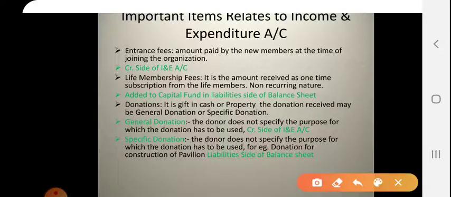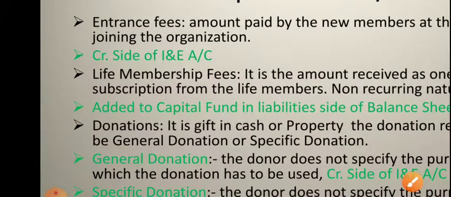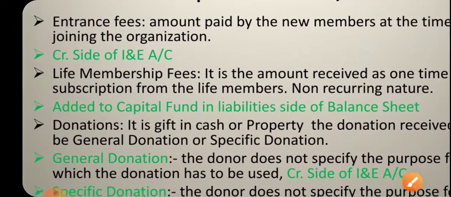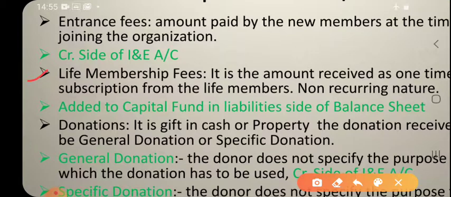Next, the life membership fee. It is the amount which is received as a one time subscription from the life members.